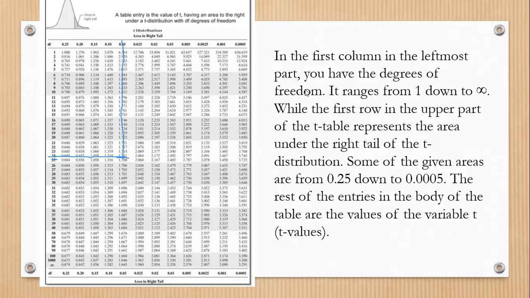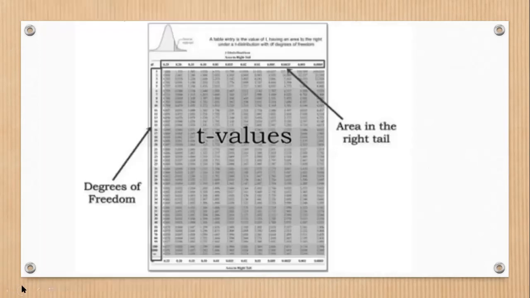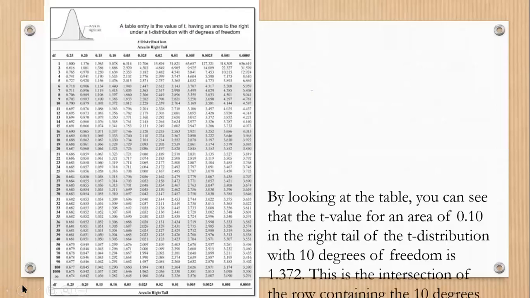You can search this t-table or t-distribution on the internet. Actually, everything can be Googled. So those are the t values, these are the degrees of freedom, and then the area in the right tail.